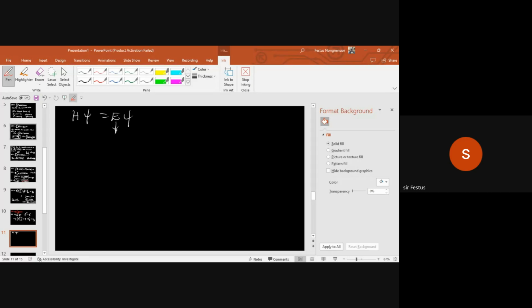So if you are writing the expectation value for a ground state energy, it can be written as this.